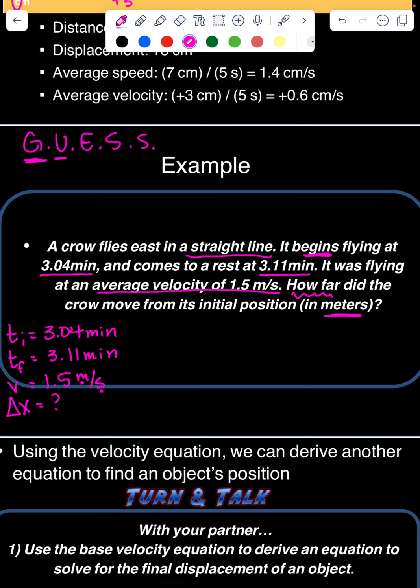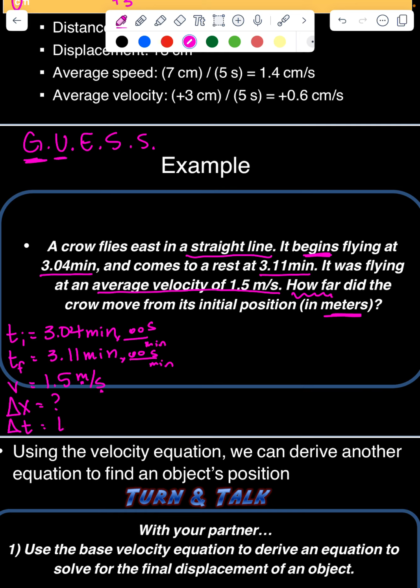Now we can do one of two things. We can turn each of these individually into seconds, or we can go ahead and figure out what our delta t is.